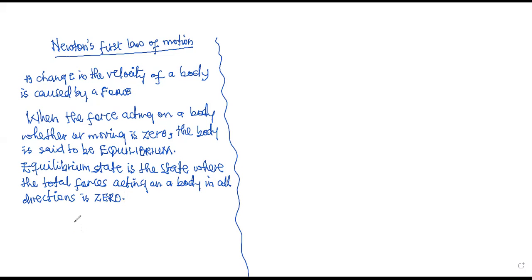Under this kind of equilibrium, we have two main types of equilibrium: static equilibrium and dynamic equilibrium.